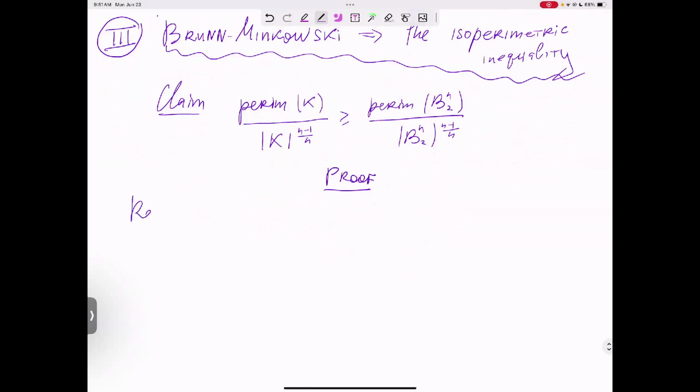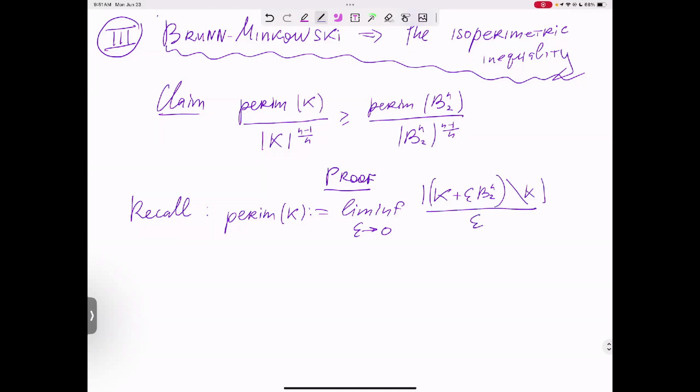Let's recall that the perimeter of K is defined by definition as the limit when epsilon goes to 0 of the volume of K plus epsilon ball minus the volume of K, divided by epsilon.